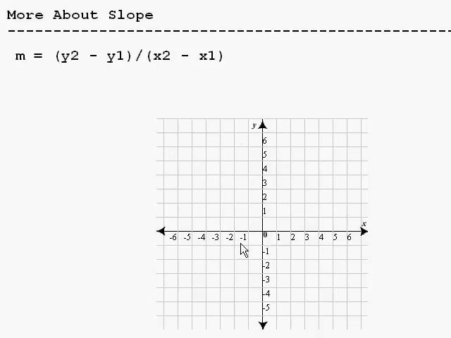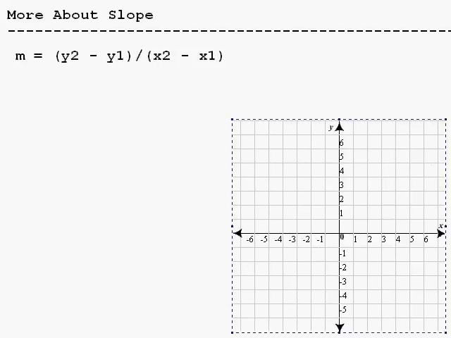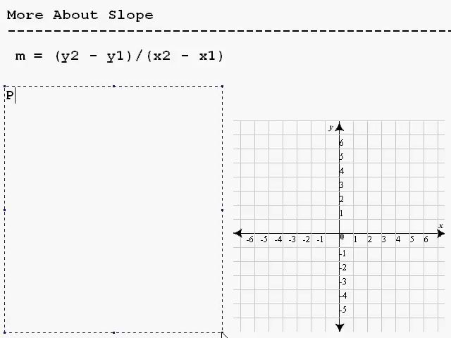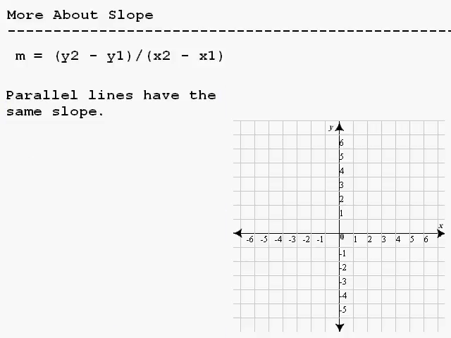Now we're going to take a quick look at parallel lines. Parallel lines have the same slope. So I want to draw two different line segments here that both have a slope of 1/2. So over 2 up 1, over 2 up 1.